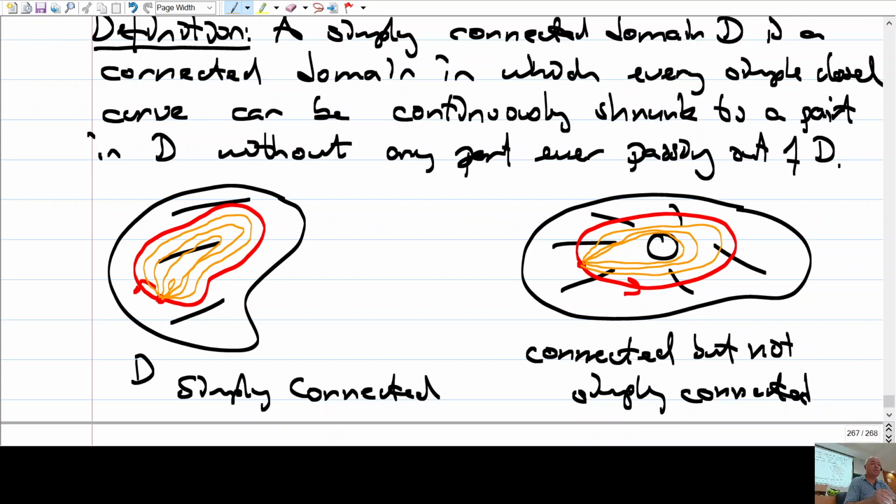So this is connected but not simply connected.